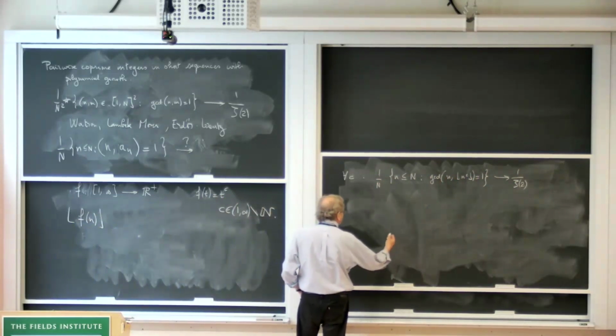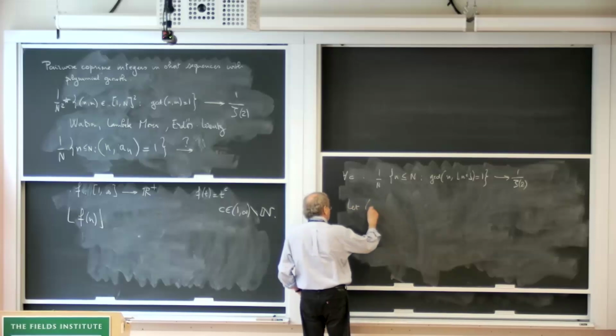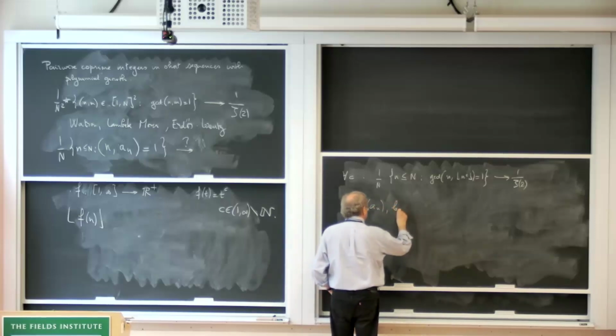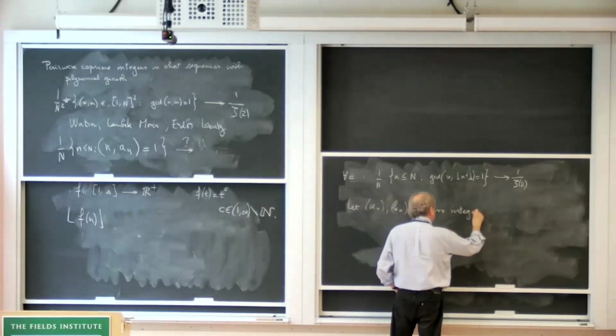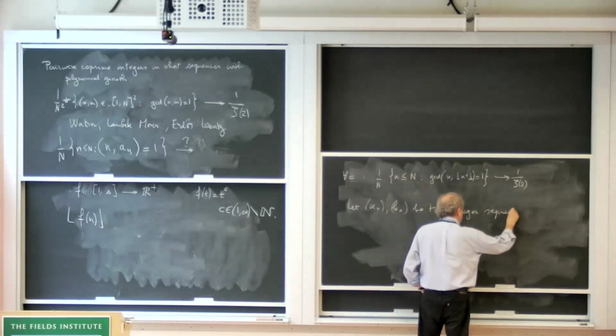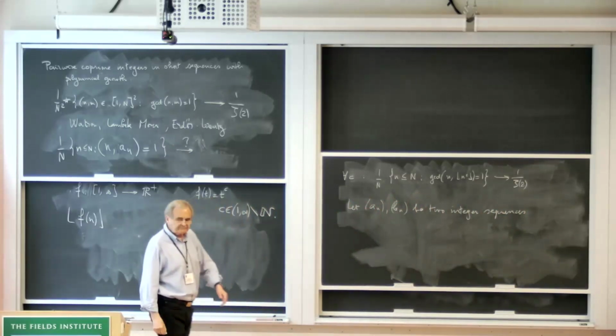Now I was mentioning taking two different sequences. So now you are looking at the following. Let An and Bn be two integer sequences. Integer means natural integers.